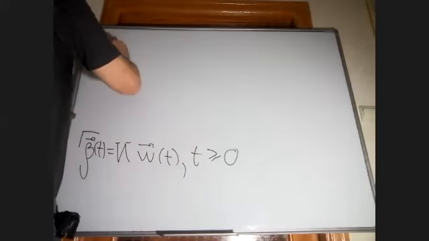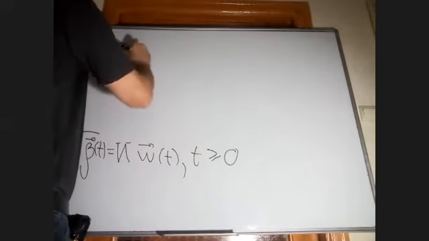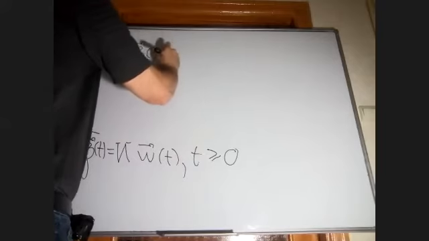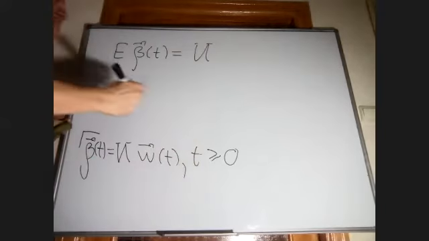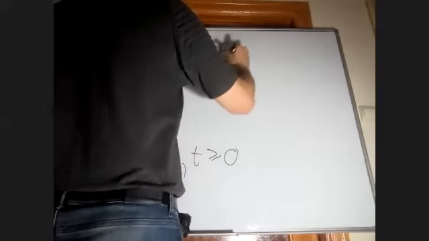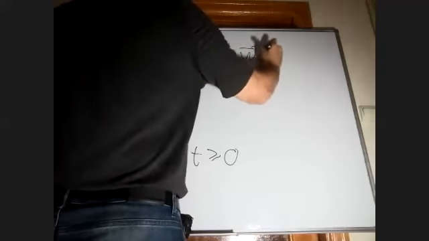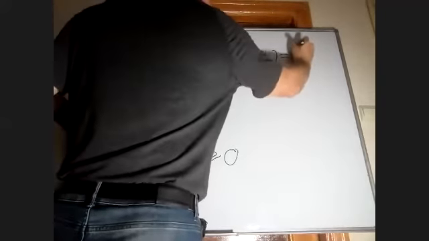The expectation of beta_t will be equal to U times the expectation of W_t, because of the linearity of expectation, and this is 0.